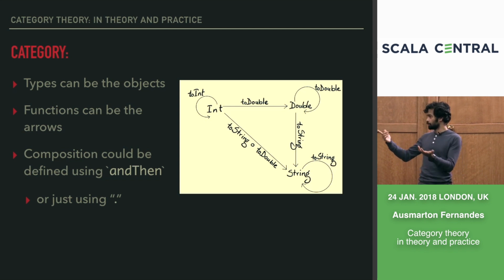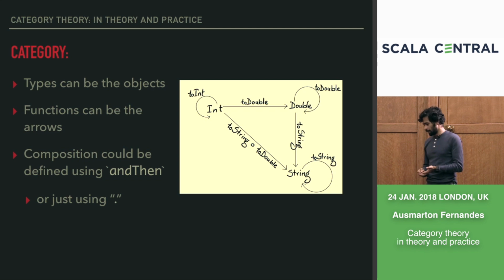So toDouble would take you to a different object, and then toString would take you to a different object in the category. But then you can also compose the two together. You could do a toDouble first and then apply a toString on it. But at the same time, you can go from an int to an int, or a double to a double, and a string to a string. And that's what identities are.